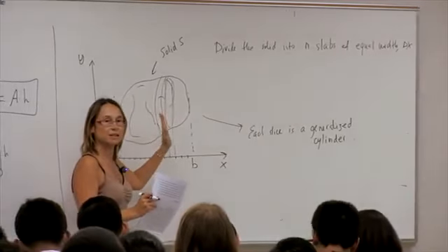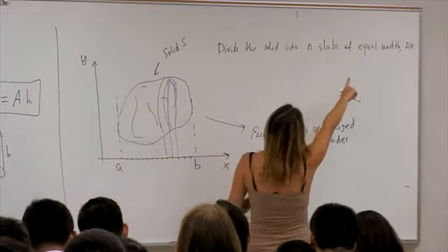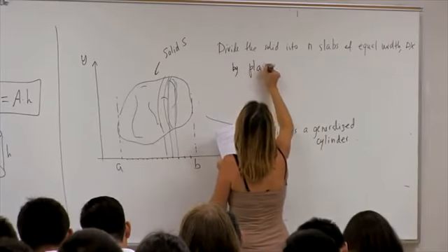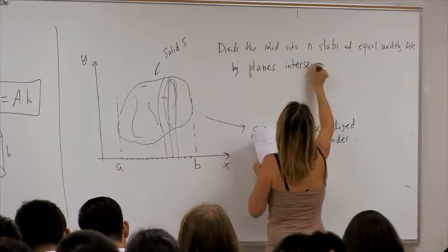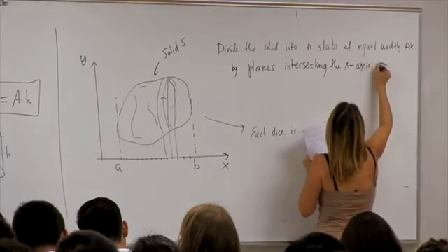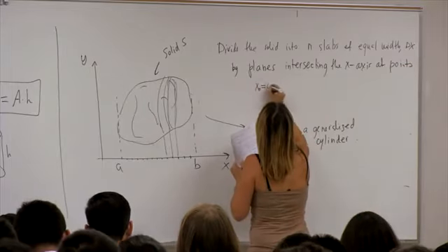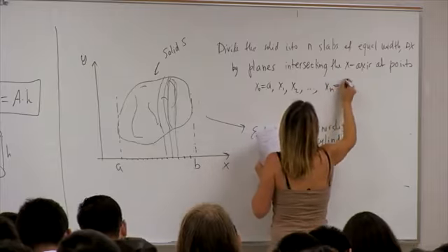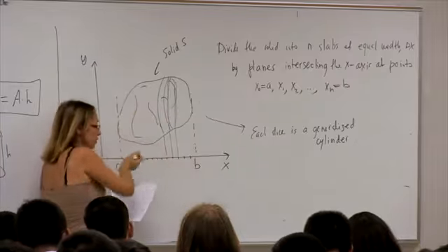I take planes which are perpendicular to the x-axis. So divide the solid into n slabs of equal width delta x by planes intersecting the x-axis at points x0 equals a, x1, x2, ..., xn equals b. Perpendicular planes like this. Planes perpendicular to the x-axis.